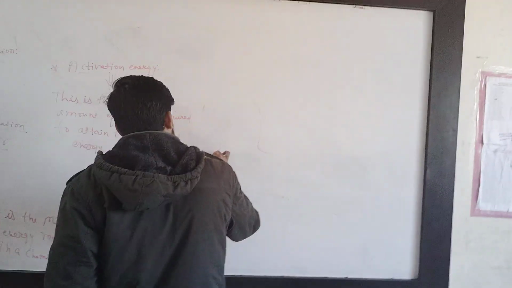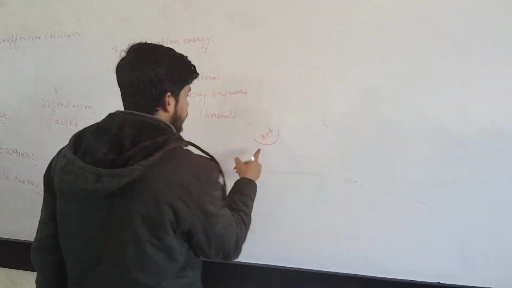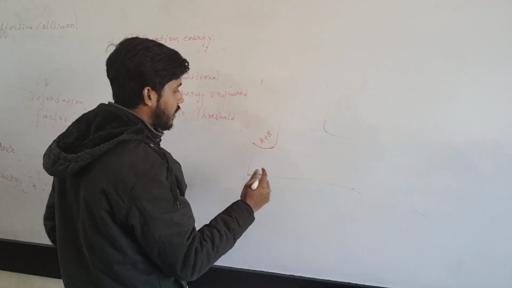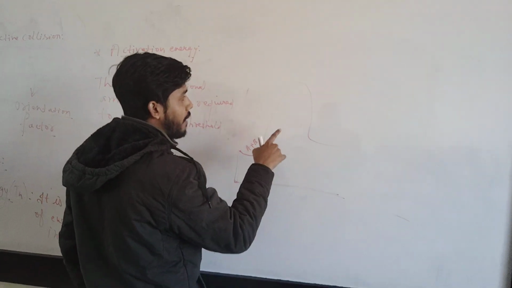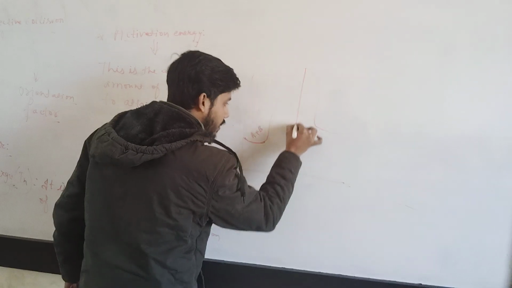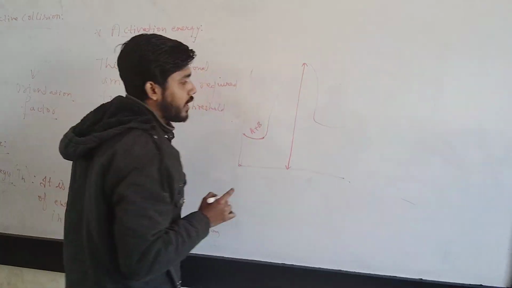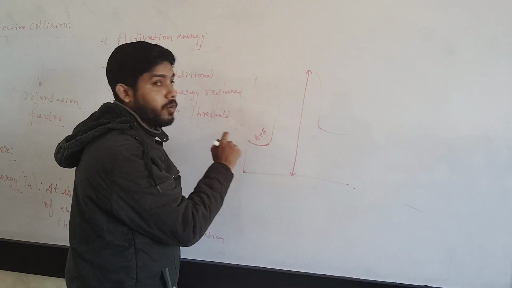So here the reactant, for example A plus B, reacting with each other. For a reaction to happen, this is the threshold energy. This is the minimum amount of energy that molecules A and B must possess.